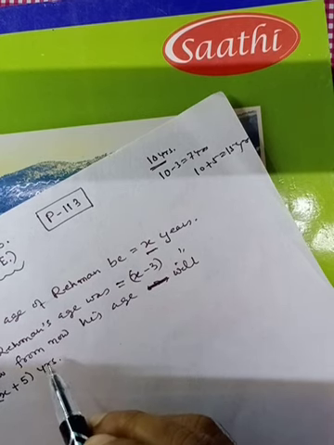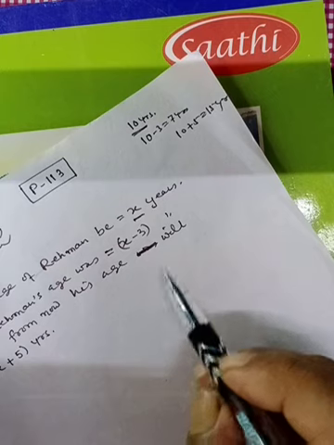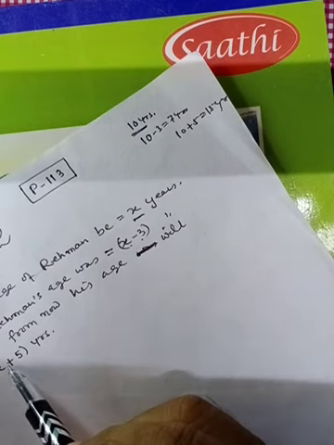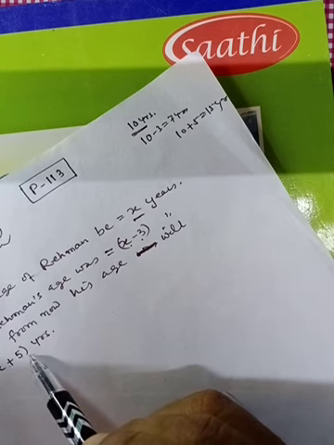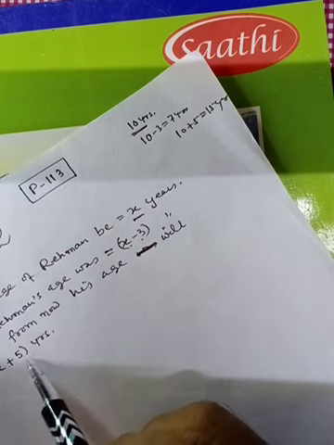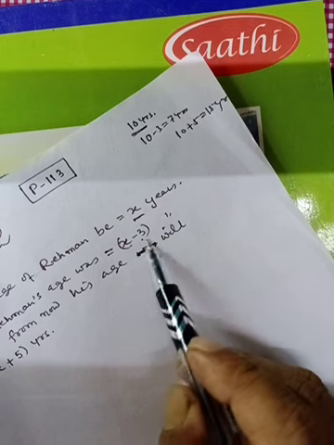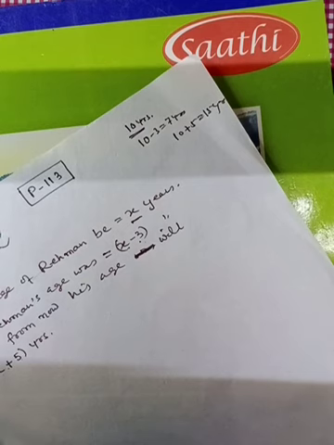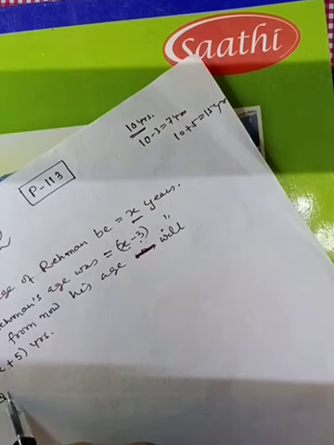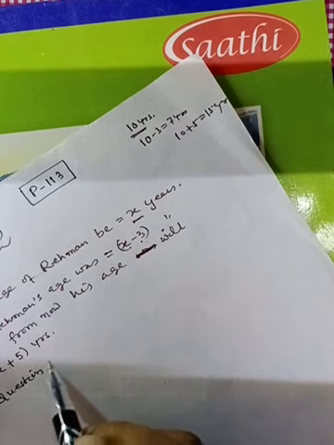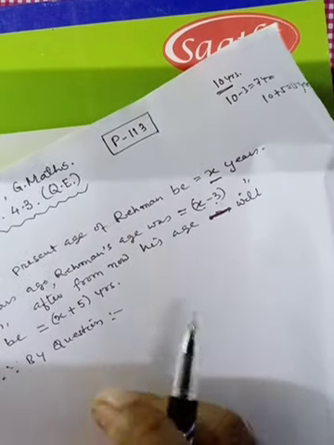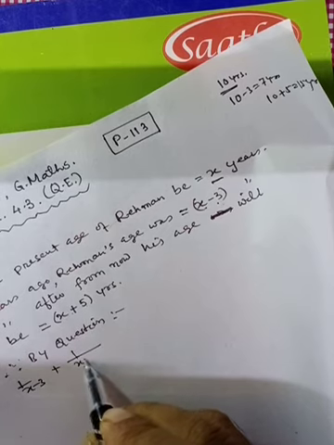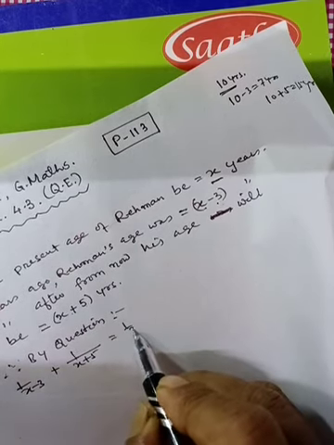So according to the question, the sum of the reciprocals of the ages x minus 3 and x plus 5 is given as 1/3. Therefore, by the question, 1/(x minus 3) plus 1/(x plus 5) equals 1/3.